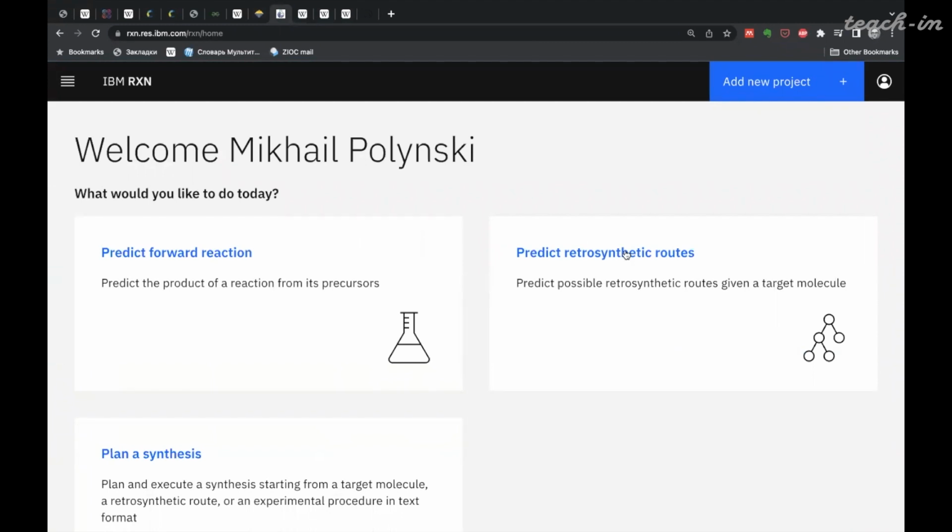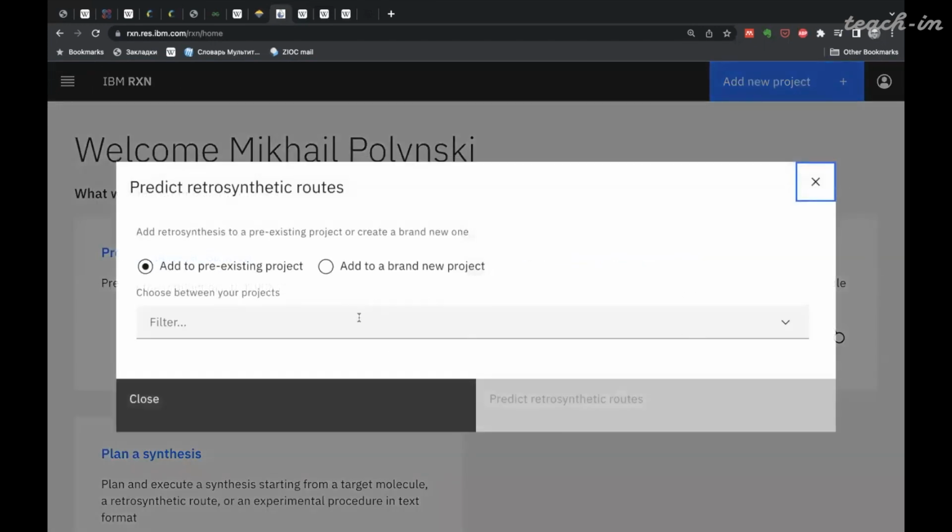While previously we discussed the forward reaction prediction capability of the IBM RxN platform, today we are going to discuss predicting retrosynthetic pathways.